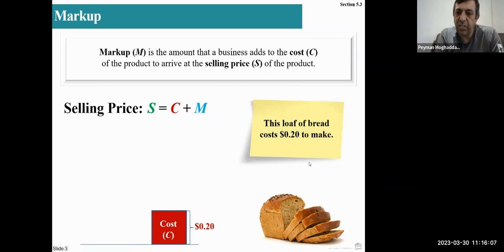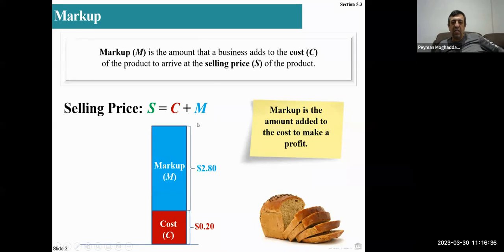Generally the cost is just the cost of raw material or the cost of acquiring that thing. For example, a cell phone cost for a shop means the cost that the shop acquired that cell phone. So the cost is just the cost of raw materials, and the markup is the amount you add to that cost to come to a selling price.